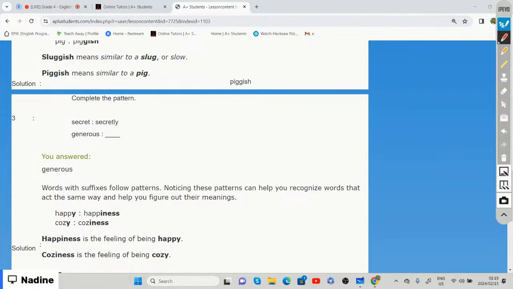So if we add the suffix ly to the word secret, then it means secretly. And remember, it's a pattern that we need to follow, which means that if you added the ly to the first word, secret, then we need to add it to the next word too, which is generously.